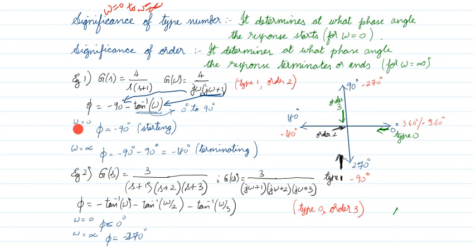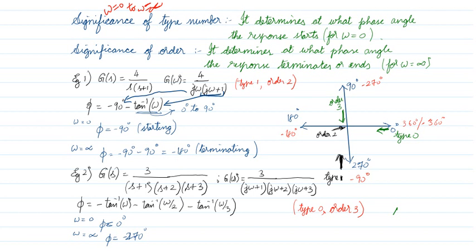That is why when omega equal to 0, we get phase angle as minus 90 degree. When we put omega as a very high value, tan inverse of infinite is 90 degree, so minus 90 minus 90, I would be getting minus 180 degree, right?